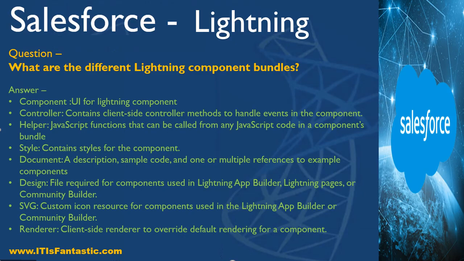Documentation, a description and sample code. Design, which is a file required for components used in Lightning App Builder. SVG, a custom icon resource for components used in the Lightning App Builder or Community Builder. Renderer, which is the client-side renderer to override default rendering for a component.